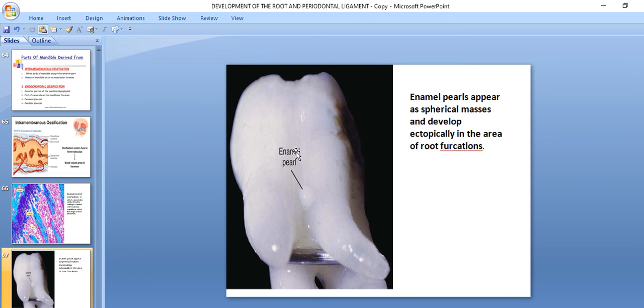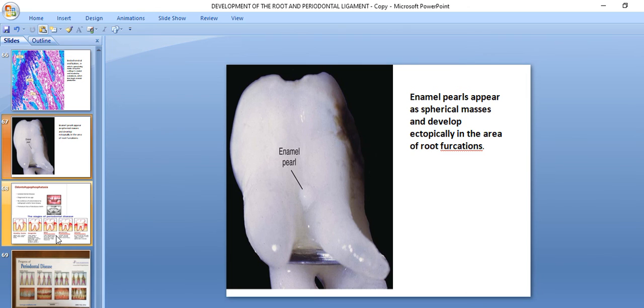You can see these are enamel pearls, and these enamel pearls appear as spherical masses. They develop from Hertwig's epithelial root sheath remnants, and develop ectopically in the area of root bifurcation or other sites.